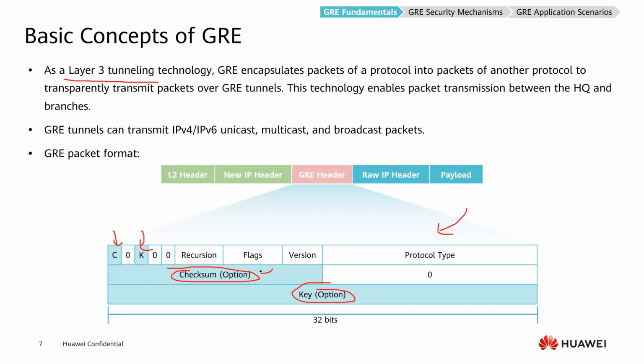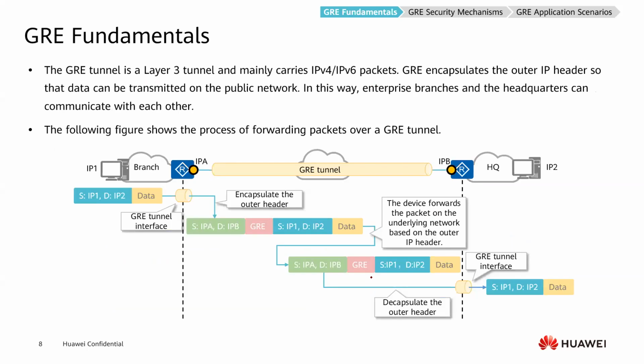Checksum detects whether your packet has been modified, and Key decides whether I can receive and process this packet or not. So those are two features.